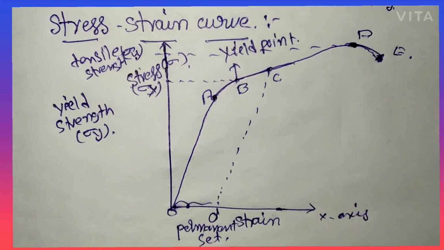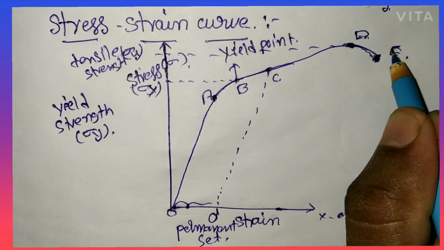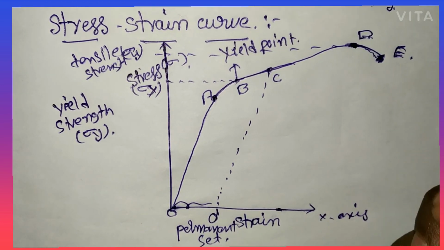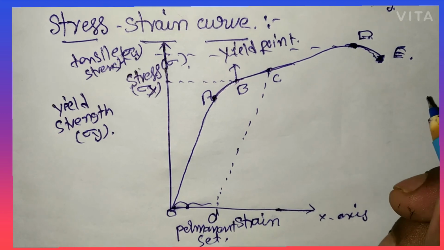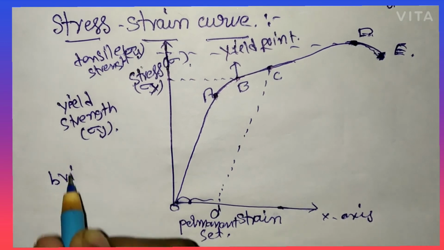If the ultimate strength and the fracture point are close, here D is the ultimate tensile strength and E is the fracture point, the material is said to be brittle.